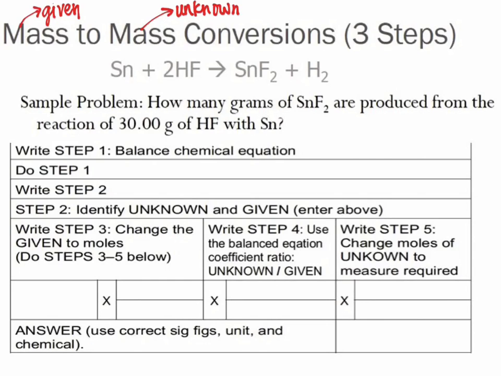So the conversion factors we're going to need: we need the molar mass of our given, and we need the molar mass of our unknown. This is the furthest one we'll go.